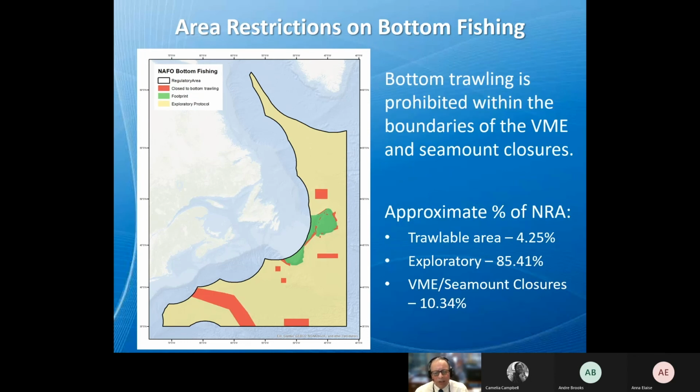And added to that, bottom trawling is obviously prohibited in the red areas, which are the seamount and VME closures. So out of the entire NAFO Regulatory Area, only about 4.25% is open to bottom trawling.